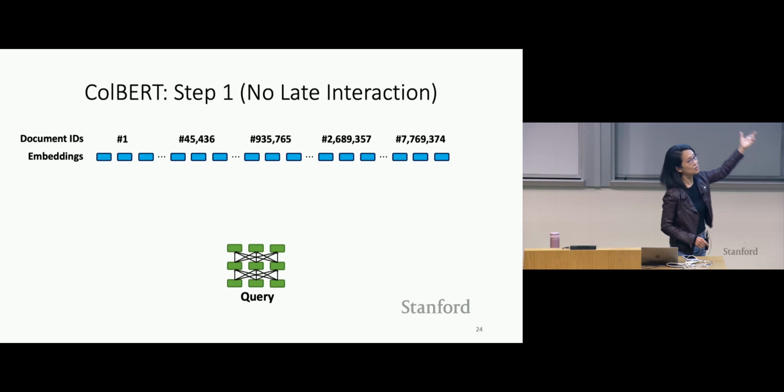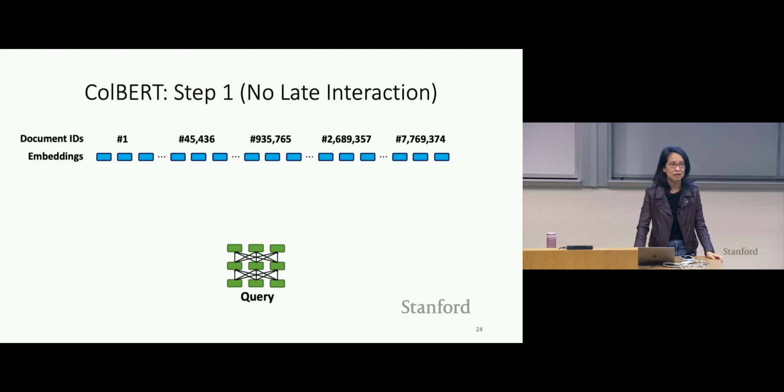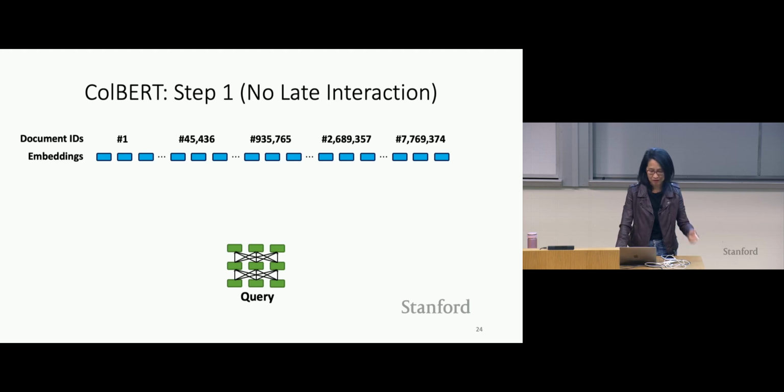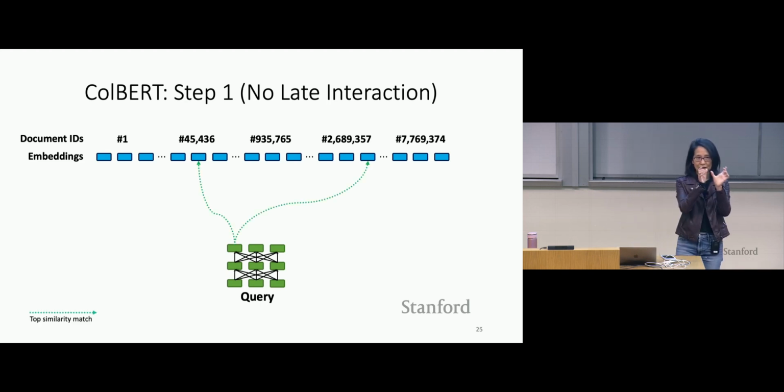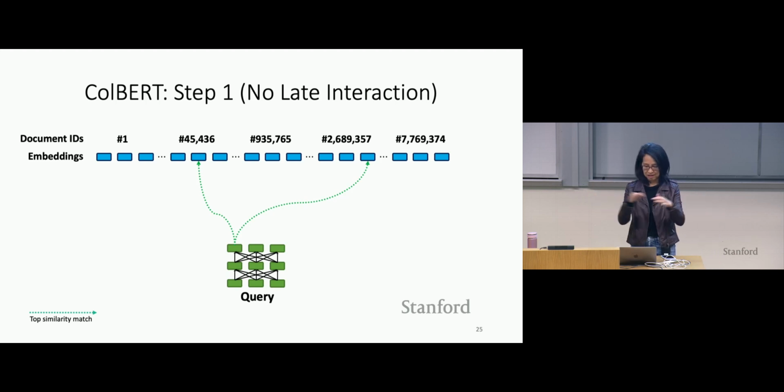Then the query comes in, it goes through the embedding, and it calculates the embedding for that particular query. At that point, we look at each element in this embedding, and for each one, we find the closest similarity match with the documents. Each document is an embedding with n elements, and for each one, we are finding the closest one.